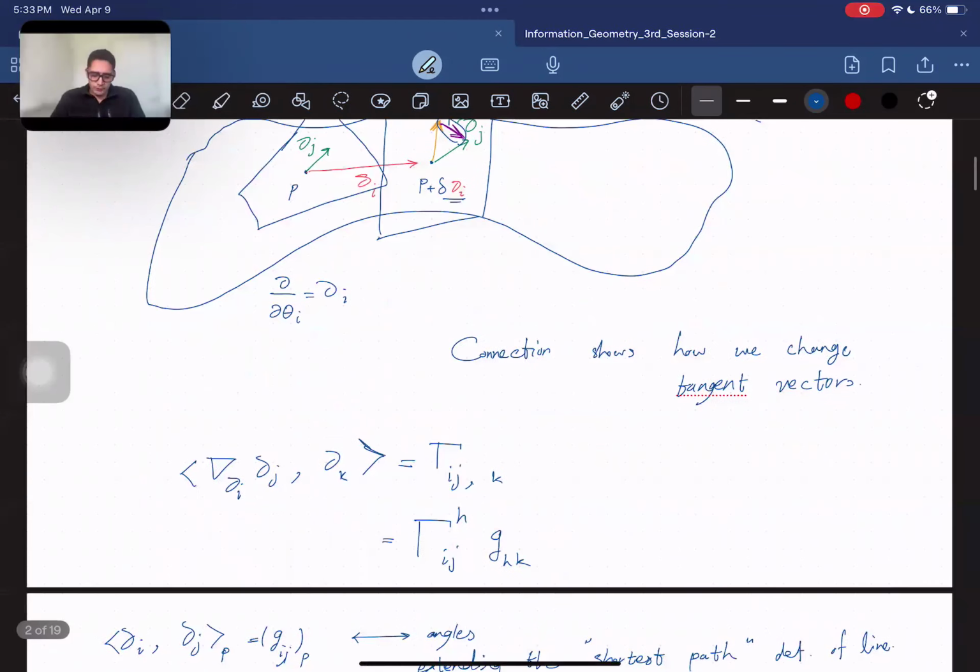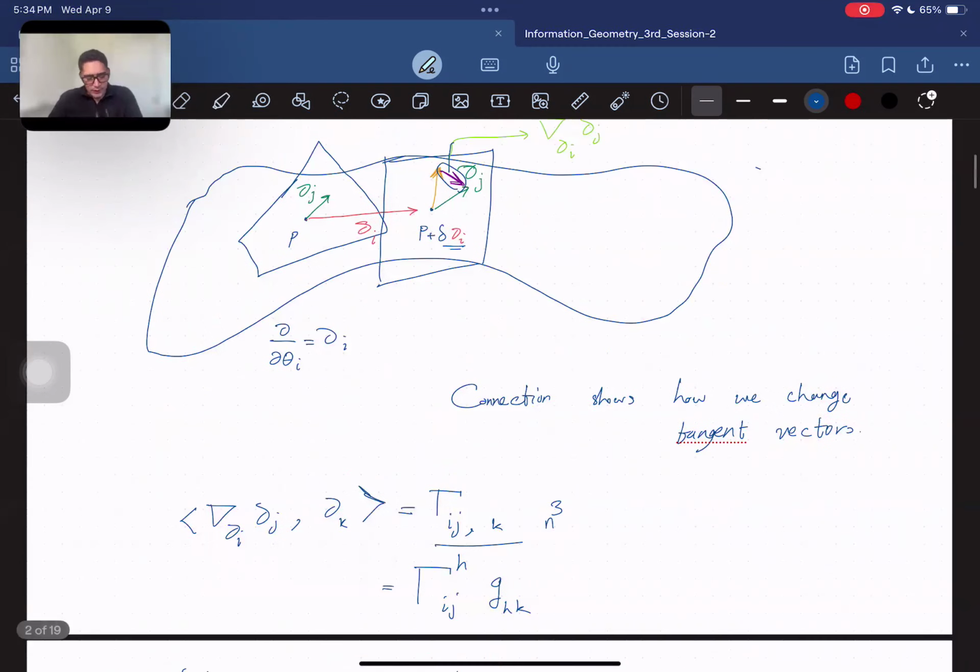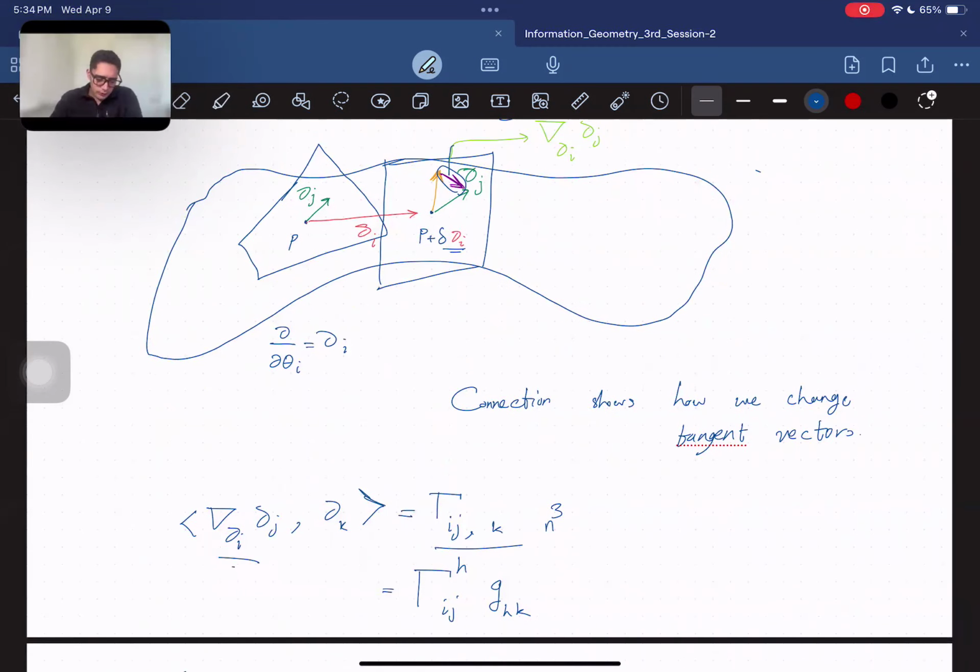We can come up with these n to the power of 3 numbers as well when you connect partial j with respect to vector i, and then look at the inner product between that vector, which is the purple vector here, and the partial k, what's the number?